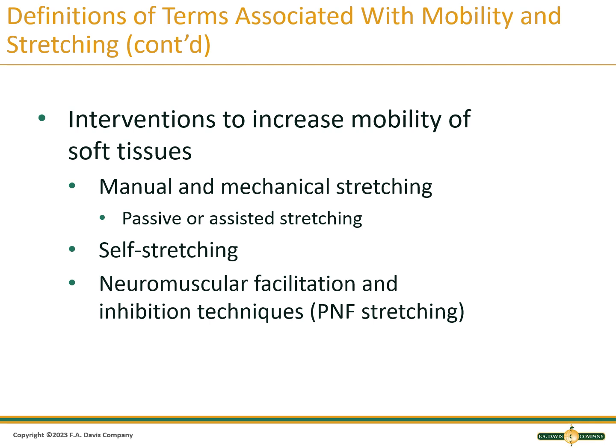And then neuromuscular facilitation and inhibition techniques, PNF stretching. We'll talk about those a little bit here, but we're going to dive into them deeper in neuro. That's where we utilize the neuromuscular system to help improve the function of the musculoskeletal system by inhibiting muscle activation in areas where we have increased muscle firing that restricts range of motion and promoting muscle firing in the opposite muscle groups to help improve range of motion.